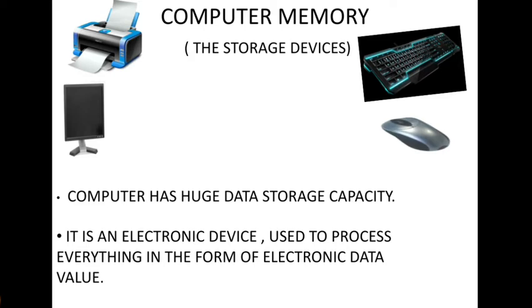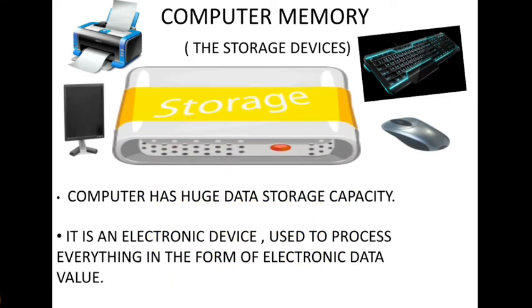Computer has huge data storage capacity. This feature makes the computer a unique machine. Computer, being an electronic device, stores and processes everything in the form of electronic data value. Whatever we store, whatever we do in our computer, that is all processed as electronic data, right?